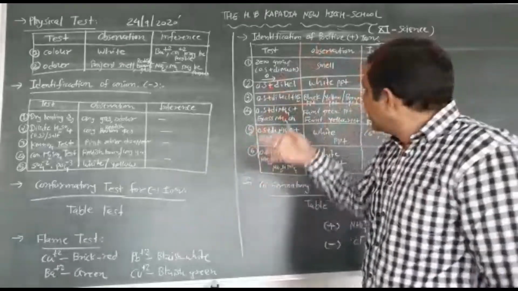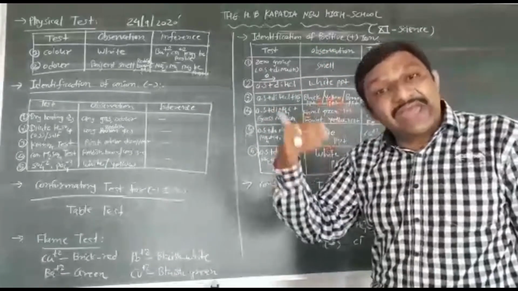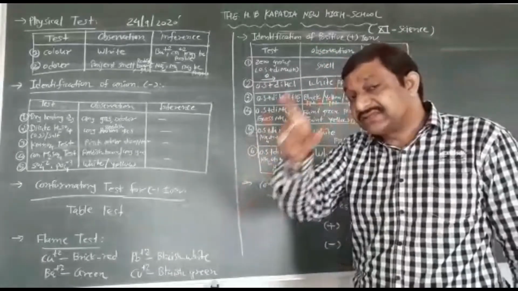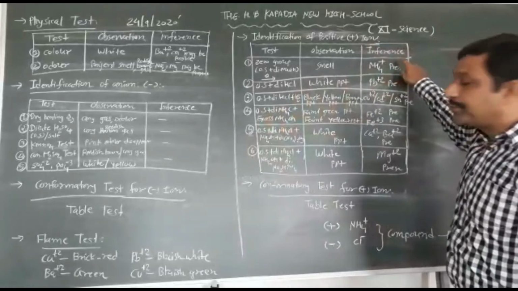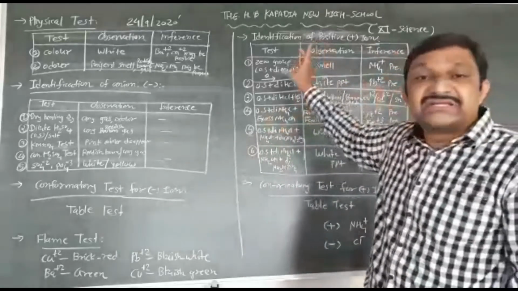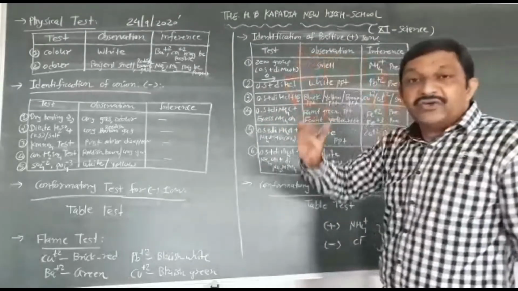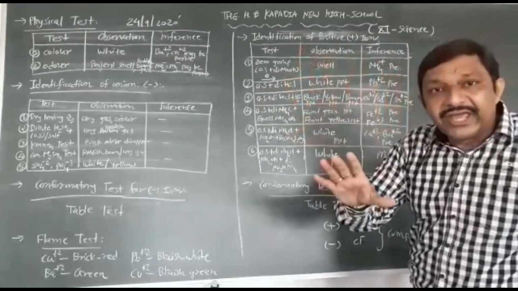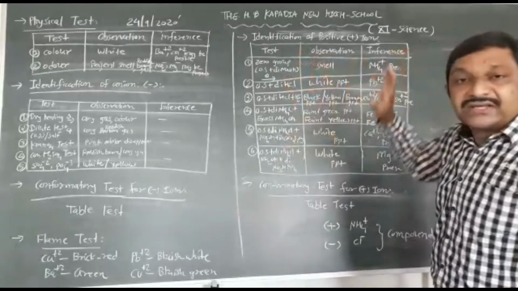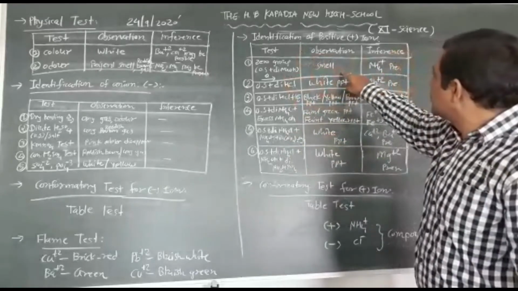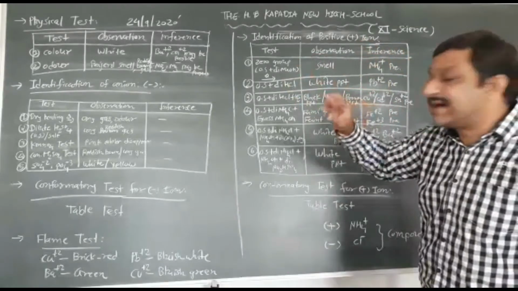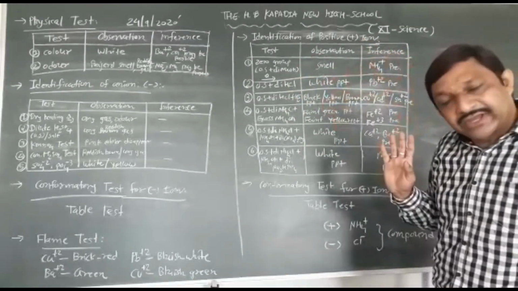If there is a smell of ammonia, then NH4 plus is present as a positive ion. Clear? If in the zero group you get the smell of ammonia, then NH4 plus is present, so you have caught your positive ion, for example NH4 plus.